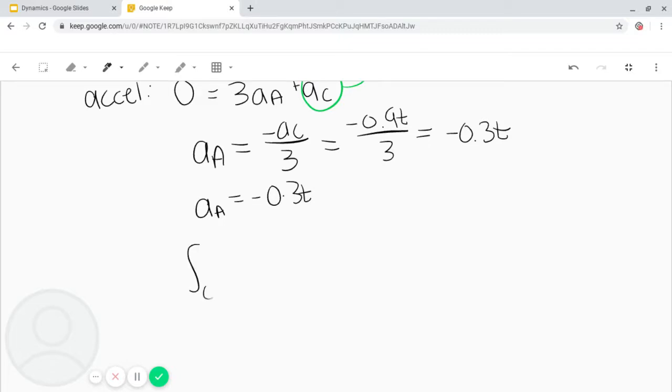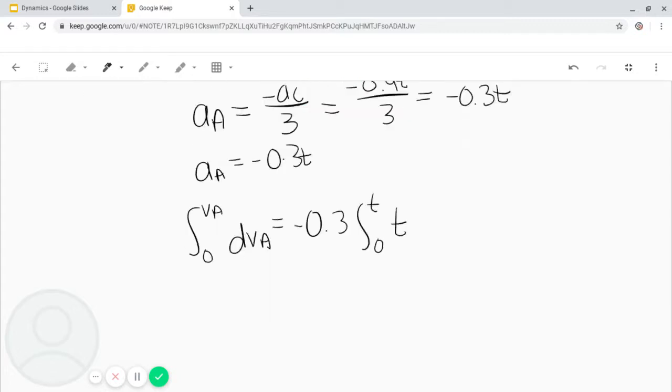So from 0 to VA, dVA equals, and then take the constant out, negative 0.3, and then t and 0 are limits of integration, and after we take the constant out, it's just t.